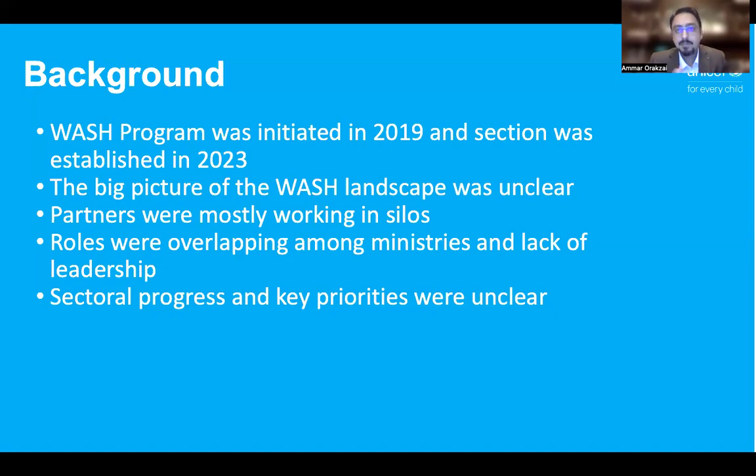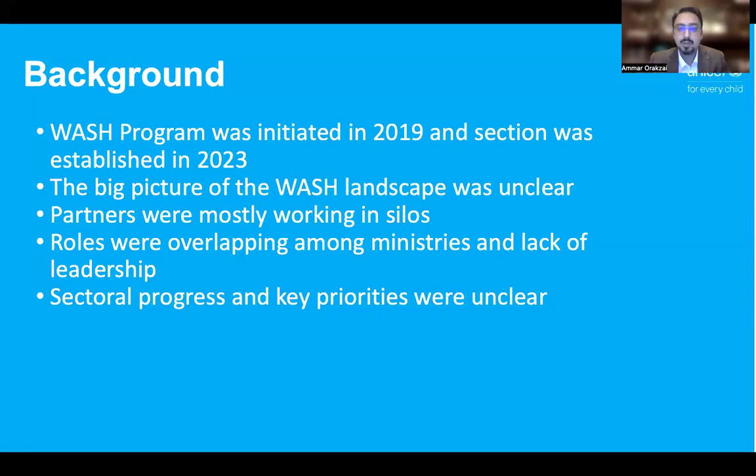At that point, many partners were investing in healthcare facilities, specifically in WASH and other areas, but they were working in silos, mostly coordinating with the ministries, but not among the partners. Roles of the ministries and key government agencies were mostly overlapping. There was lack of a single leadership.